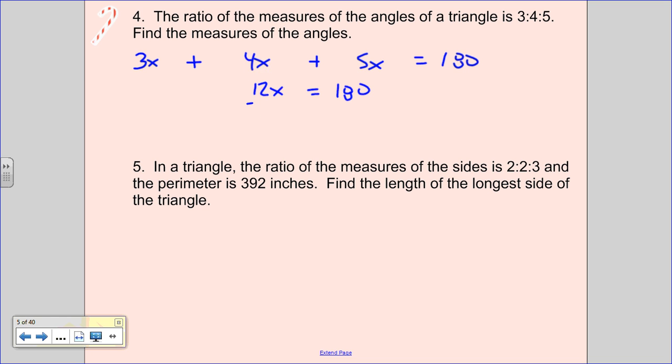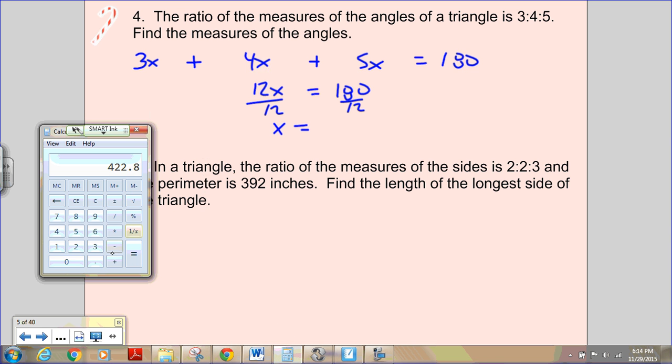Then divide both sides by 12, and then x would equal 15.